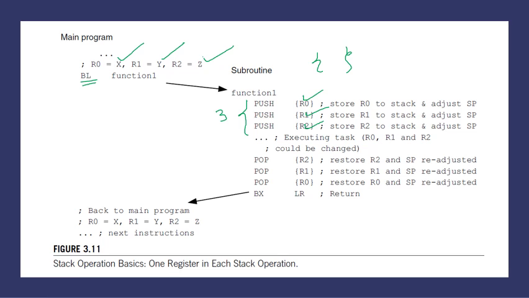Now while retrieving back after completing some operation here, notice that R2 is popped first, followed by R1, then R0, so it should go back to the same function. What happened is that the last data which was pushed will be the first out. It is a LIFO stack, you can say.